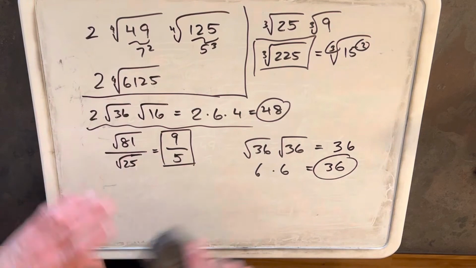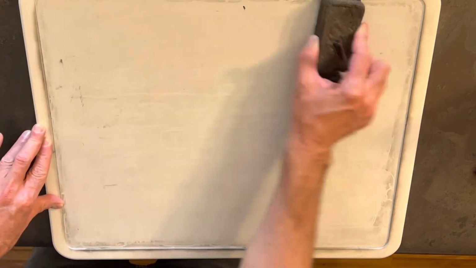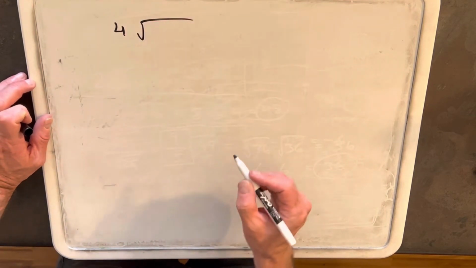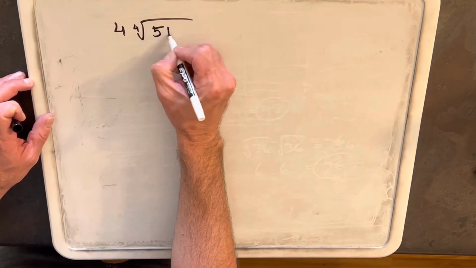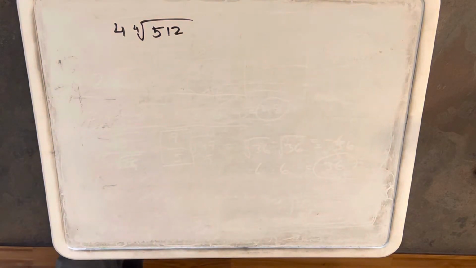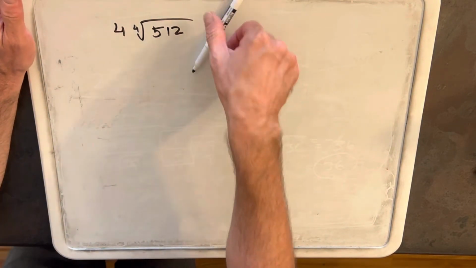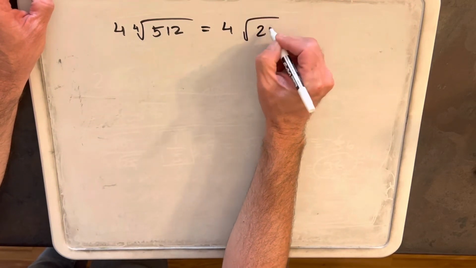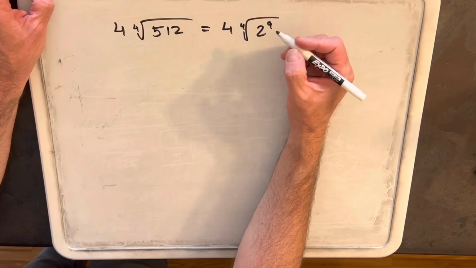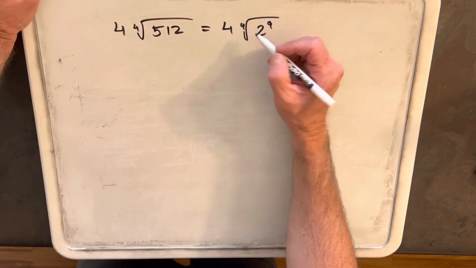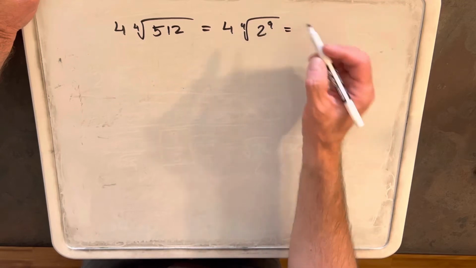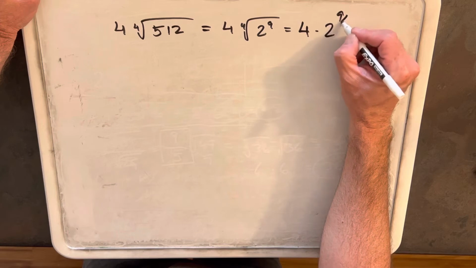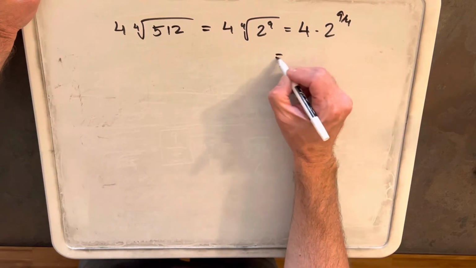Oh, here's a good one. Let's erase the board. So we got 4 times the 4th root of 512. Now 512 is, don't drop the pen, so 512 is 2 to the 9th. And then I think this is a good case to maybe write this in exponent form. So instead of the radical, it's a little easier to see if we write it as 2 to the 9/4.